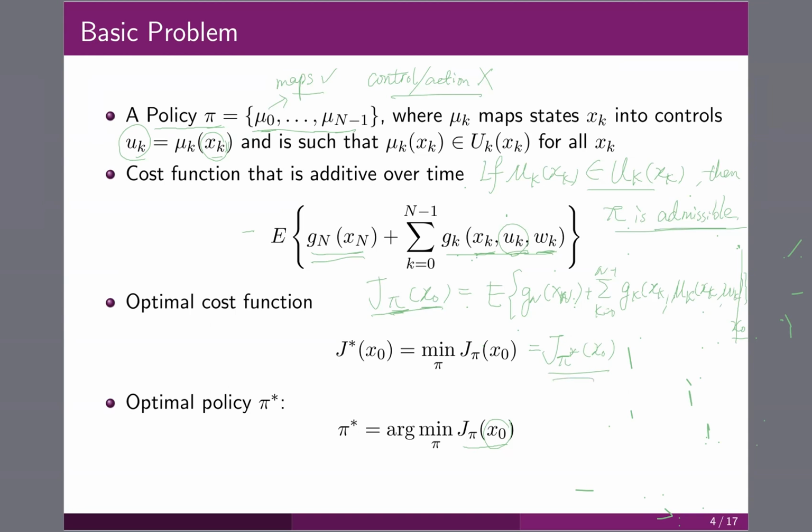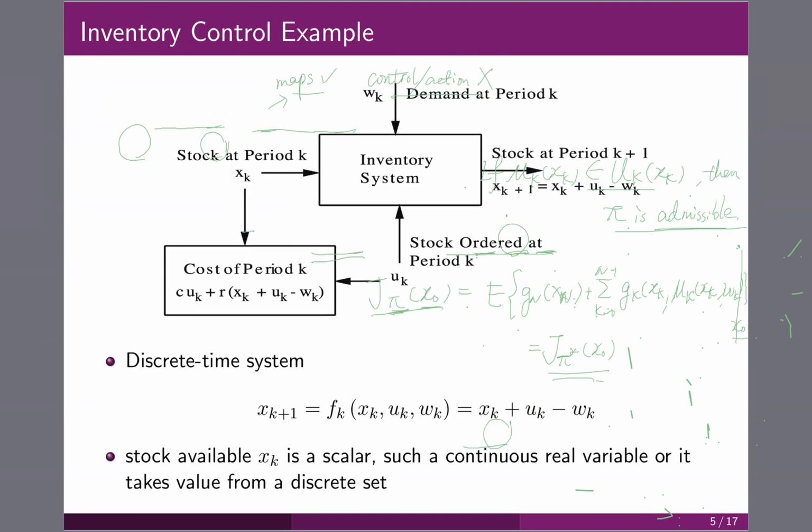In general, this optimal cost function is related to x0, the initial state. This is the introduction to the basic problem. So next we will introduce a concrete example of this basic problem. So let's remove everything first.